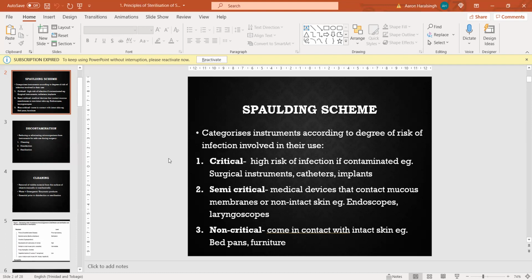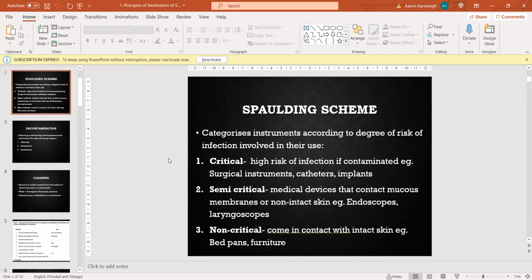The critical instruments are those which pose a high risk of infection if they become contaminated. These are our surgical instruments used in the operating theater, as well as implants and catheters. And these catheters refer especially to intravenous catheters.